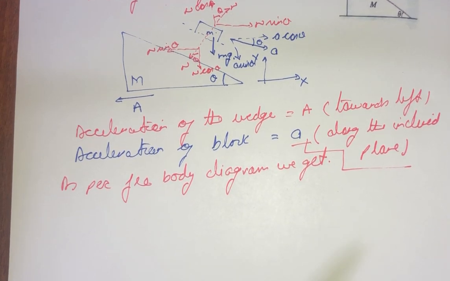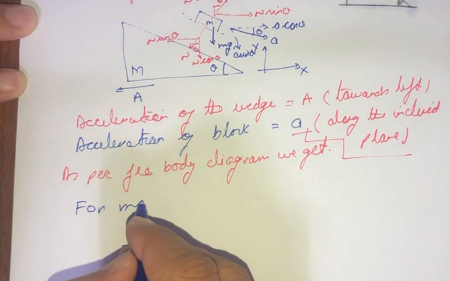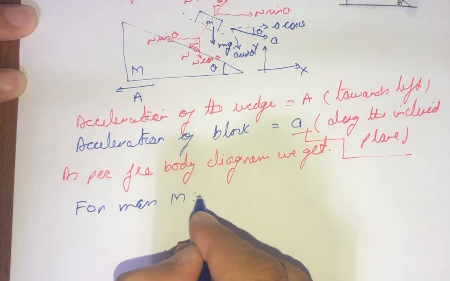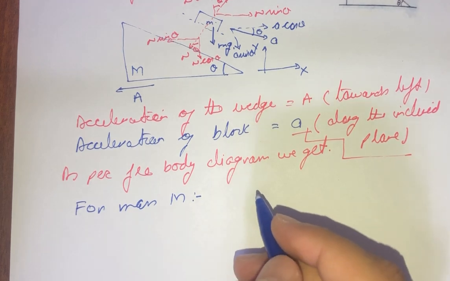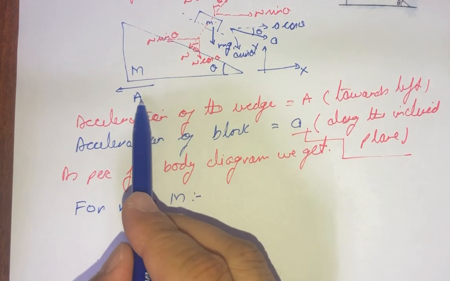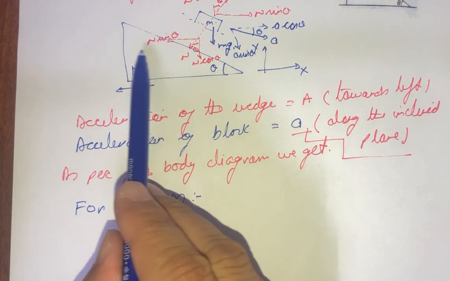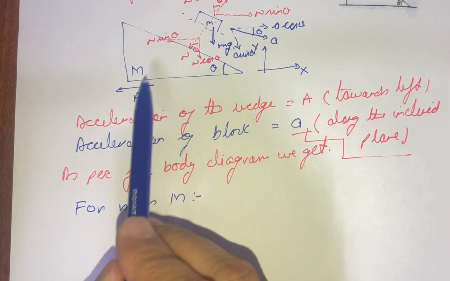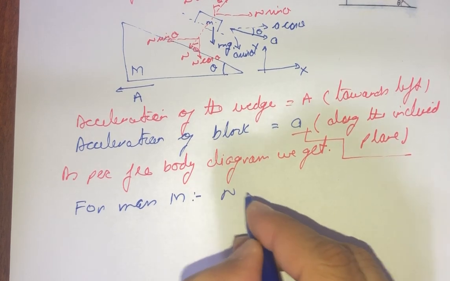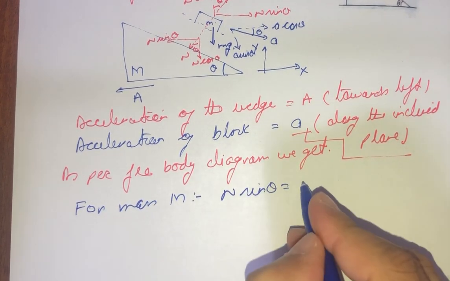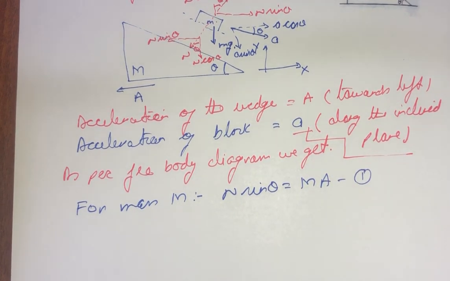So for mass capital M, we are going to have acceleration towards left, and the only component is n sin theta of the normal, which is towards the left. So we can say that n sin theta will be equal to mass into acceleration, MA. Let this be equation number 1.